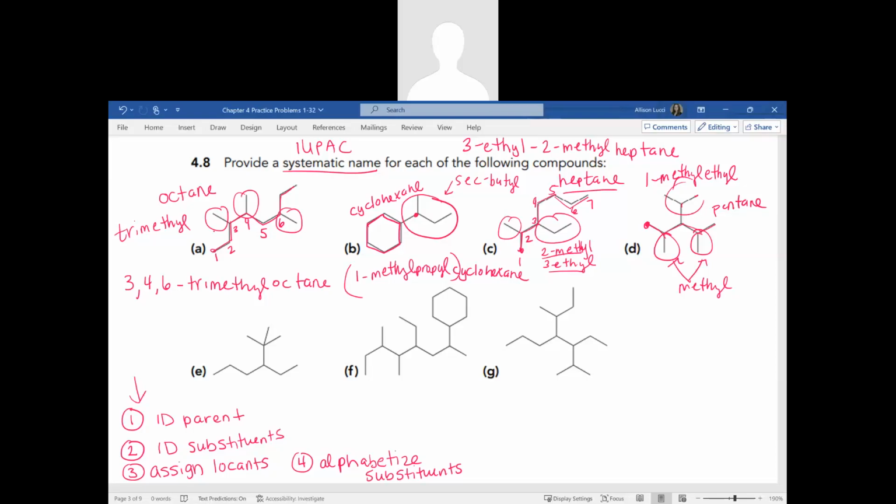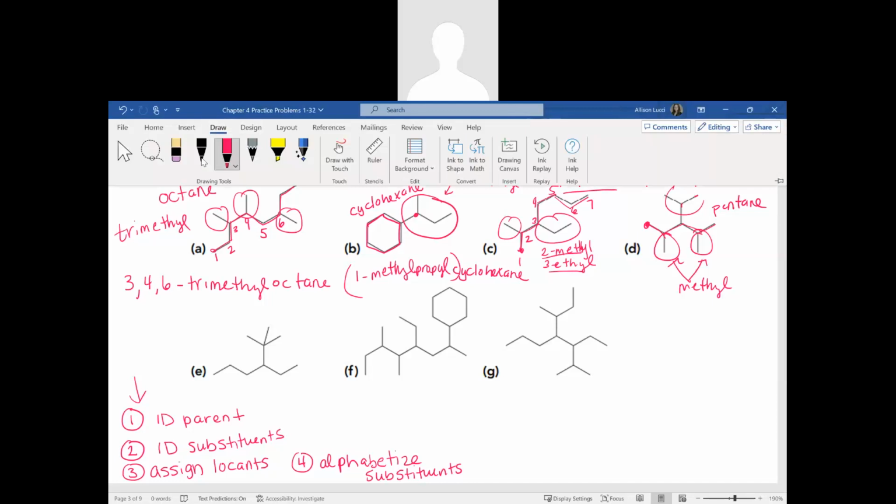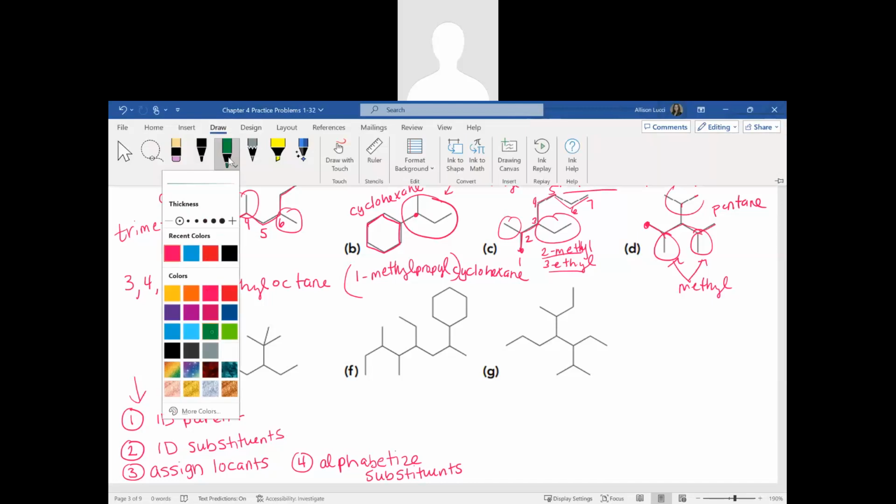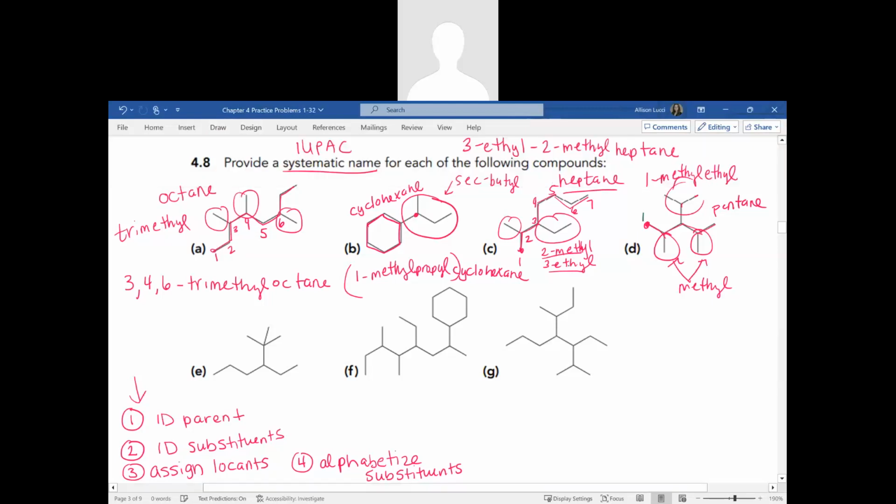Now we have to assign our locants. So I'm going to switch colors here so we can clearly see. So if this is carbon 1, 2, 3, 4, 5, I have a 2, 4 dimethyl. And this would be a 3, 1-methylethyl substituent. So if we were to tie this all together, we need to alphabetize these substituents.